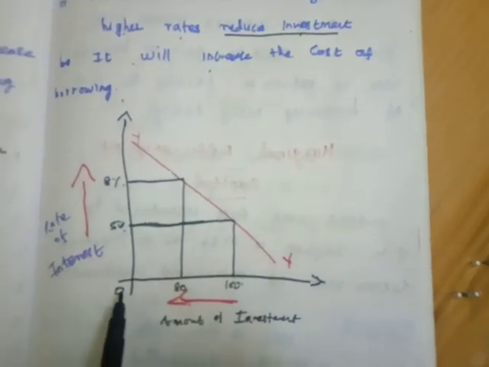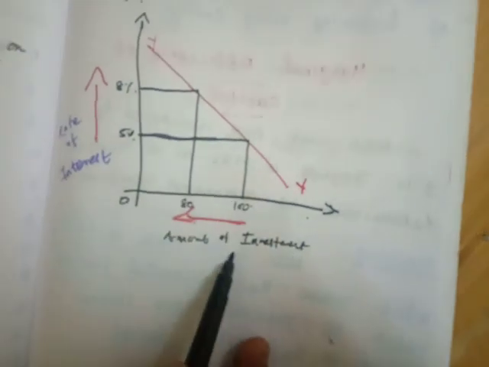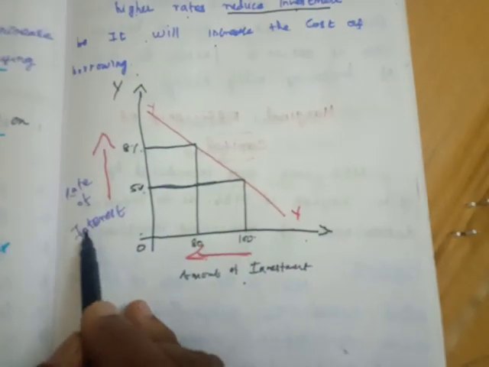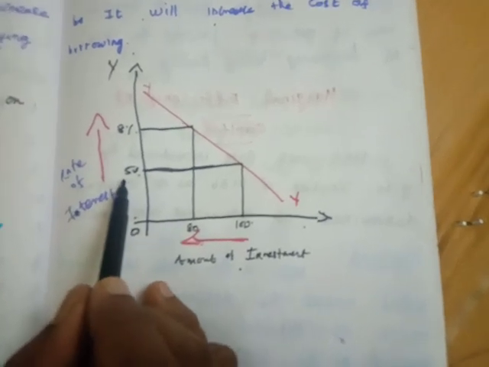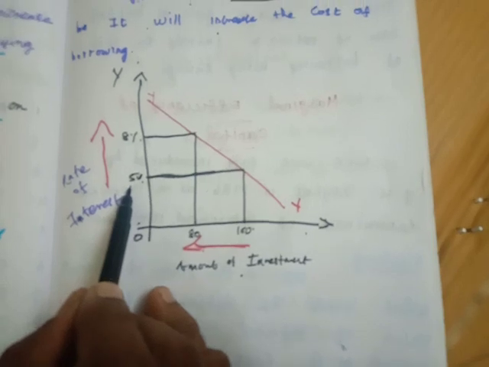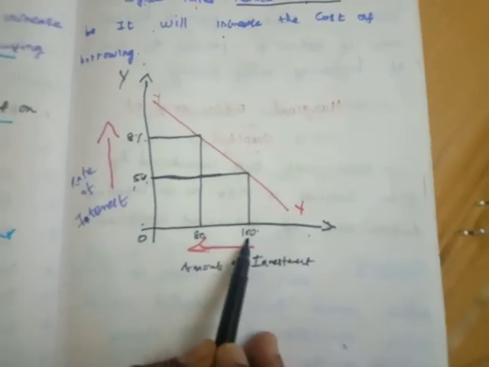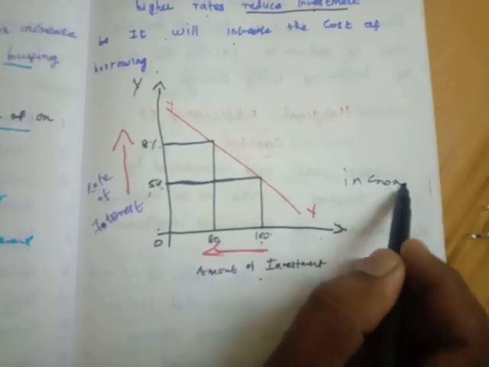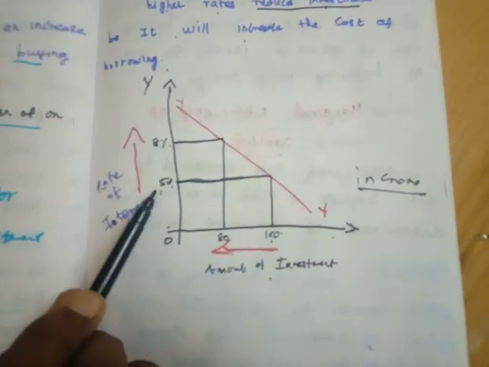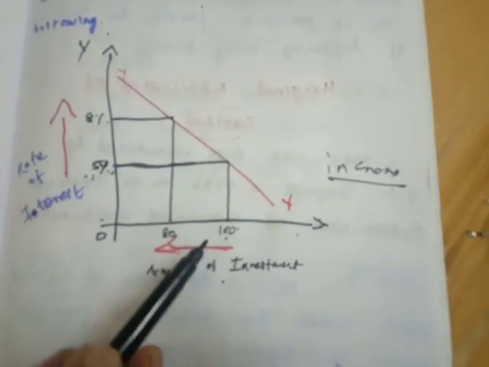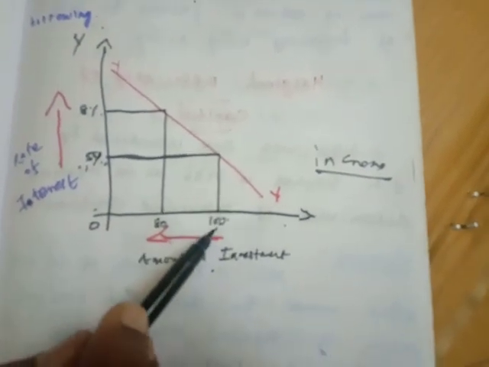In the diagram, the x-axis represents the amount of investment and the y-axis the rate of interest. When the rate of interest is 5%, our investment is 100 crores. The value is measured in crores.